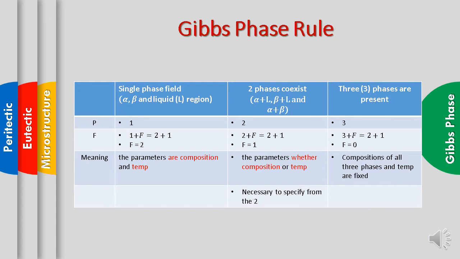And also we need to determine the amount of phases in terms of how many percent. For this we will use lever rules to identify the amount of phases. This one we already covered in the previous part, which is part A.